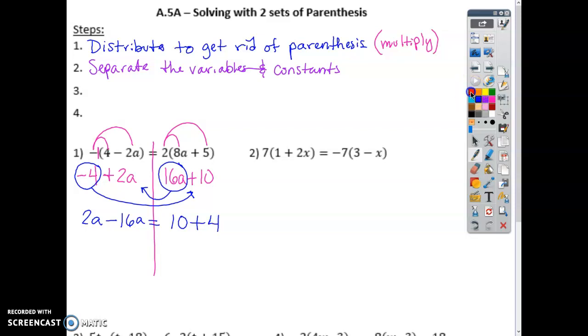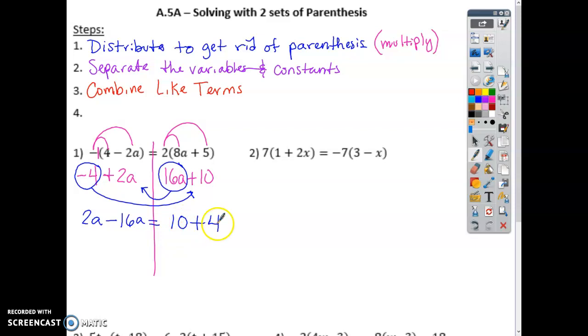What is step number 3? Combine like terms. Okay, so when we separated the variables and the constants, now I have the variables on one side I can combine, and I have the constants on the other side that I can combine.